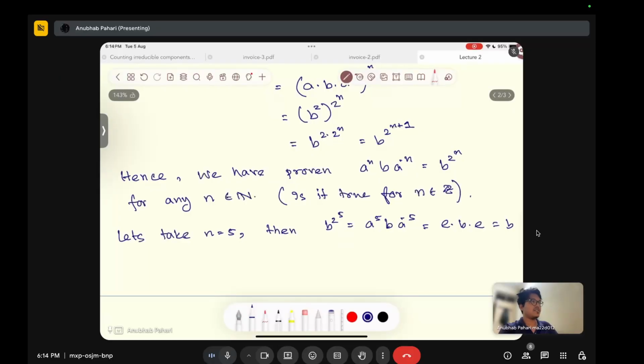So that means we have b to the power 2 to the power 5 minus 1 equals to e, and that means b to the power 31 equals to e.